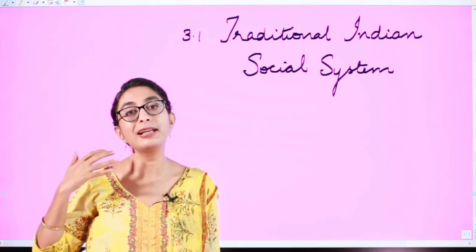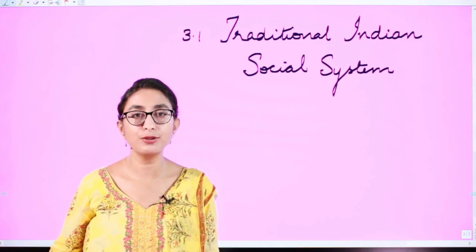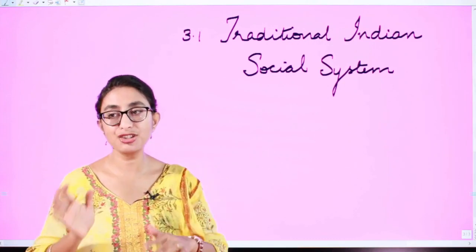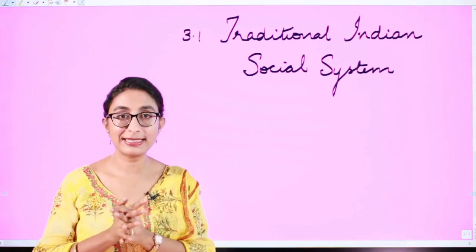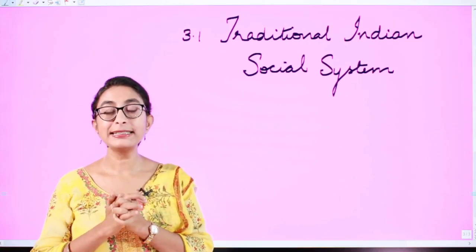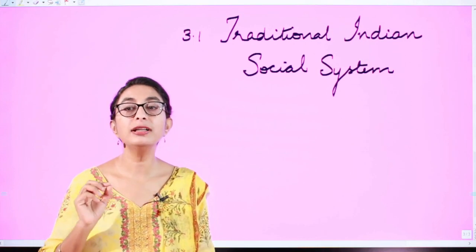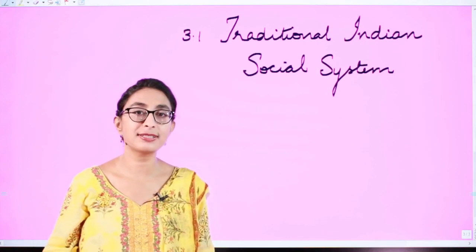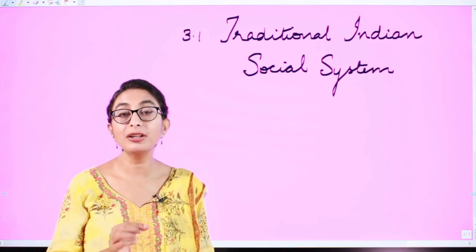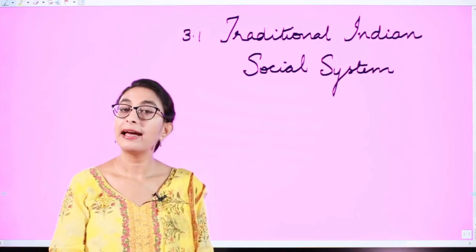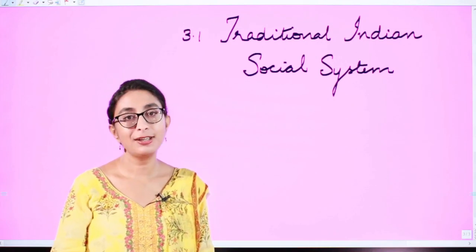So at that time we will be discussing more about other religions like Islam, Christianity, Jainism, Buddhism and all. But as far as this chapter is concerned, even when you get a question in your examination that says write about the traditional or the basis of the traditional Indian social system, here your examiner will be expecting you to write about the Hindu social system only, and they will not be expecting you to write anything about the other religions.